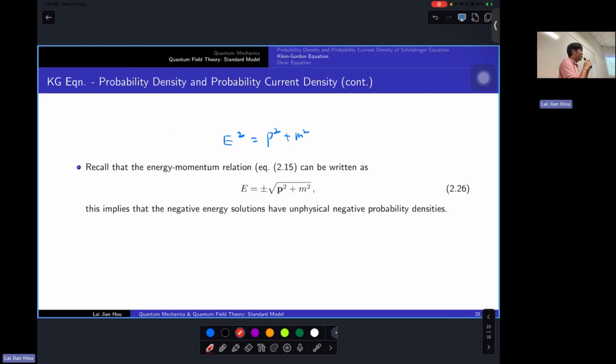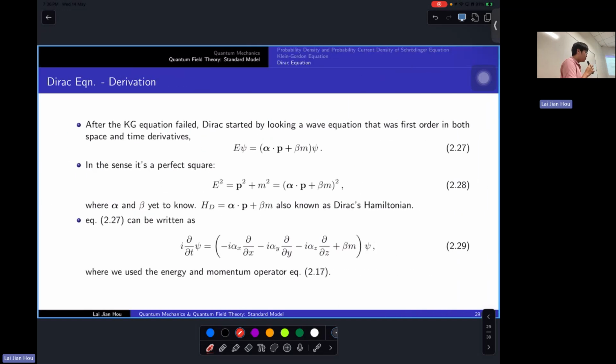So this is the first approach to modify the Schrodinger equation into the relativistic version. The attempt failed because of the unphysical negative probability density. The second attempt to modify it is the Dirac equation.